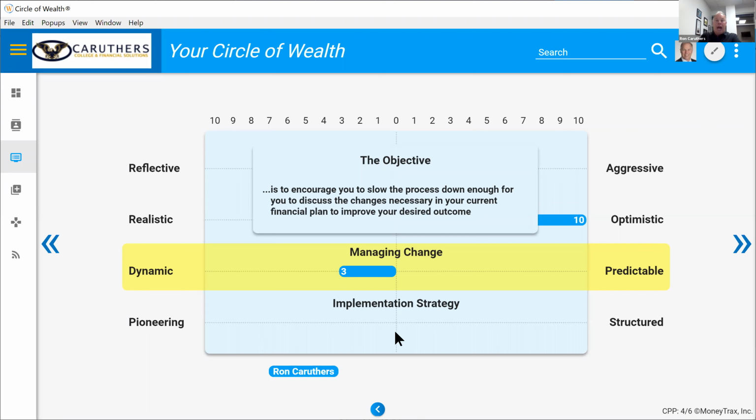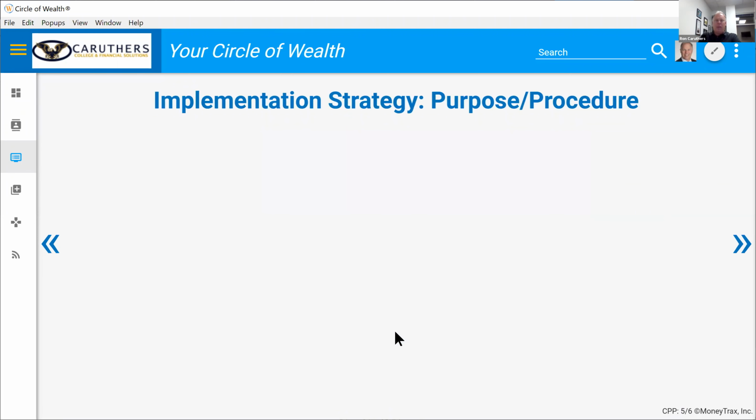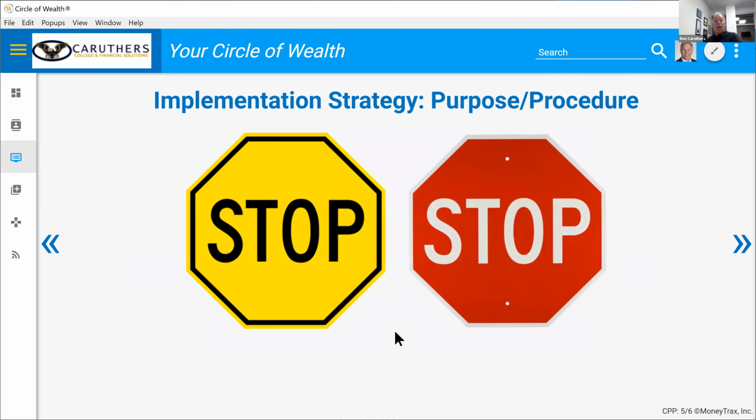So understanding this really helps me manage myself better. And then lastly, the implementation strategy is, how do you see things? Well, there are 2 kinds of people in the world. There's one kind of person on the right who's very structured, likes structured strategies. A stop sign means stop. The rules are for your protection and you operate best inside the rules. There's the other kind of person for whom a stop sign is a suggestion.